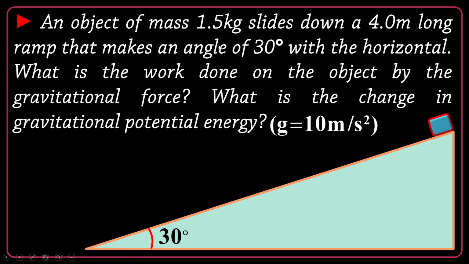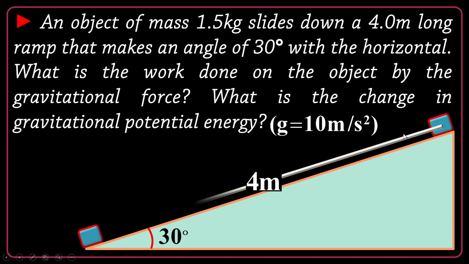An object of mass 1.5 kilograms slides down a 4-meter long ramp that makes an angle of 30 degrees with the horizontal. So the object goes down for 4 meters along the ramp. Here we are going to find the work done on the object by the gravitational force. Gravitational force means mg, downward.